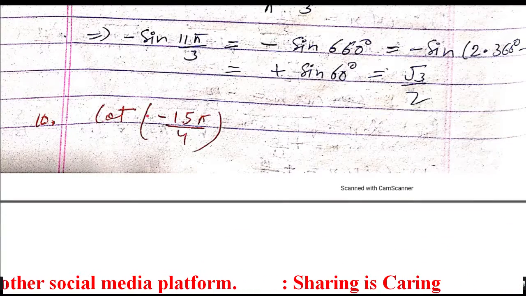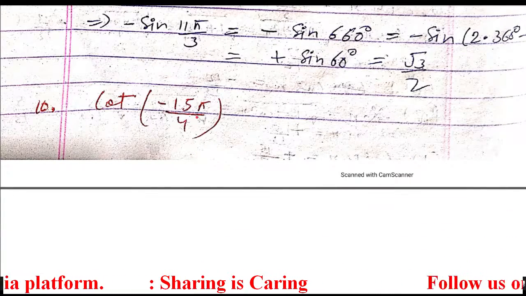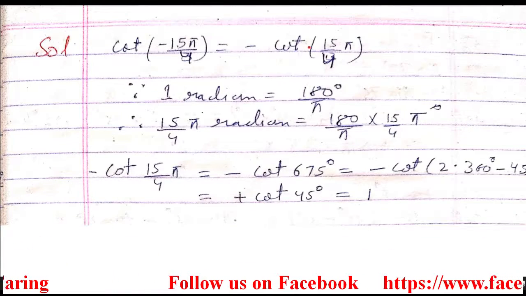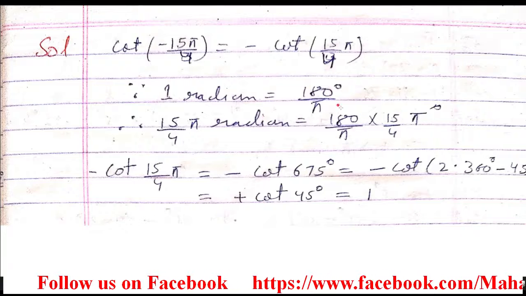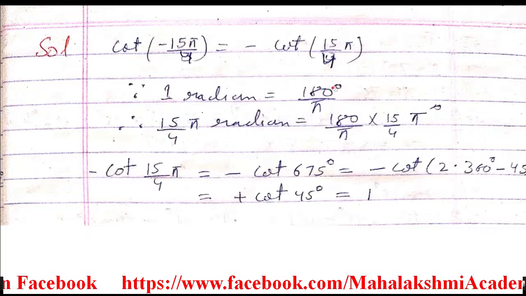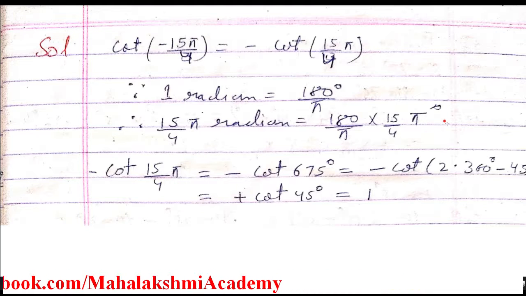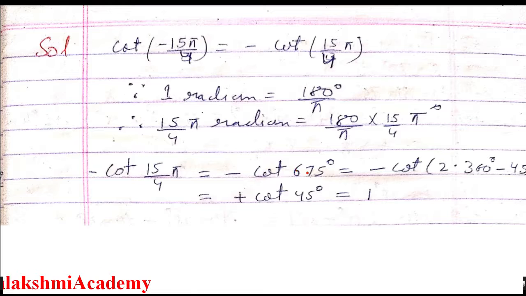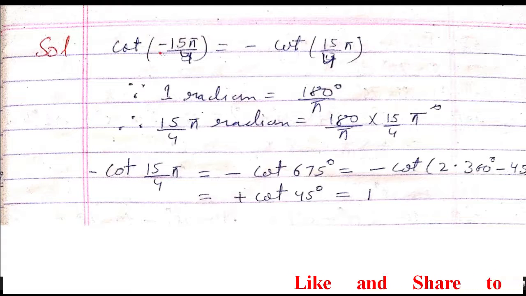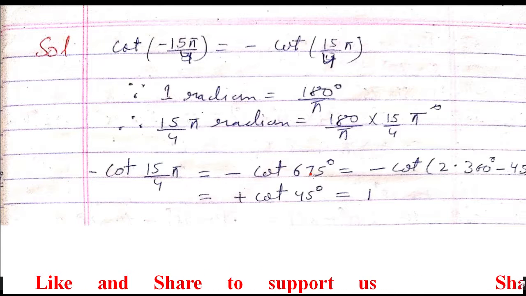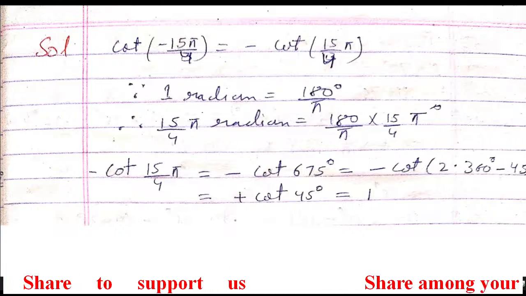Now we have to find out cot minus 15 pi upon 4. Again I converted the radian measure to the degree measure. After I multiplied by 180 upon pi, that gave me the answer 675 degree. Now 675 degree we have to convert. First I shifted this minus sign in front by the formula cot minus theta is equal to minus cot theta, and then with the help of the 360 table, I created it.